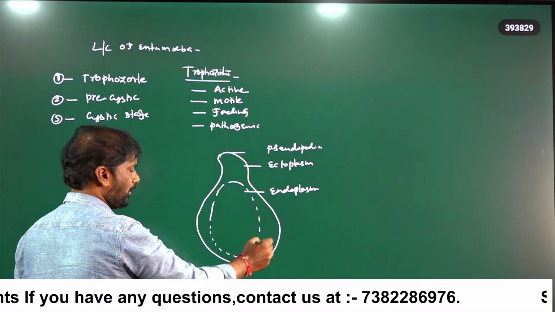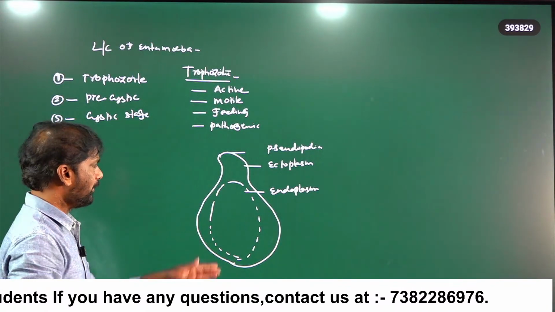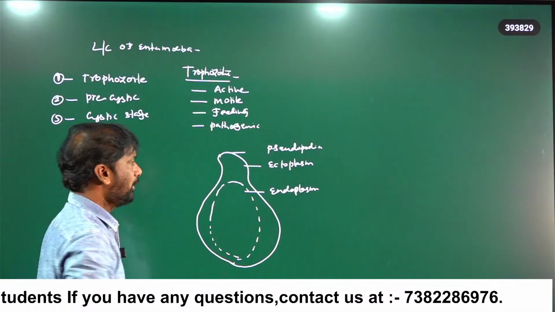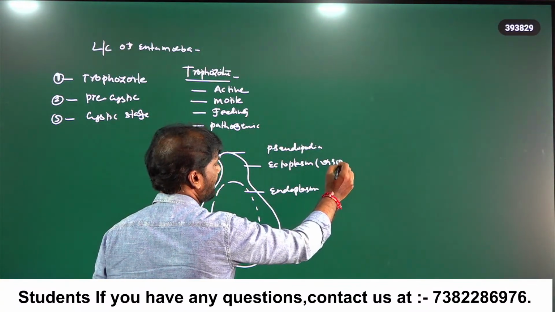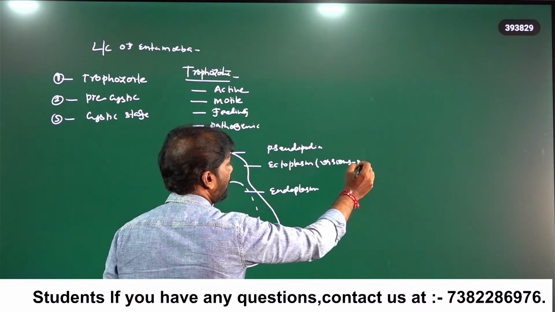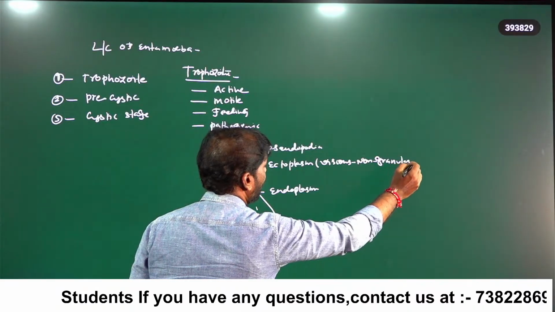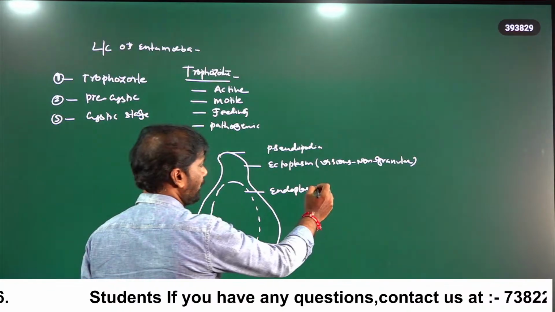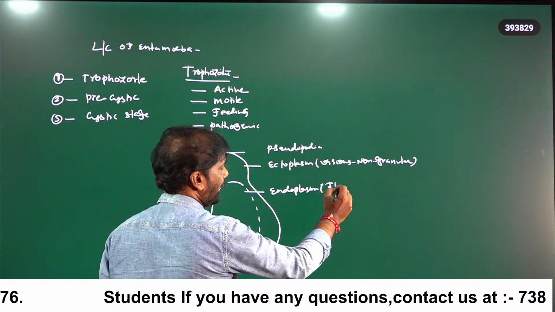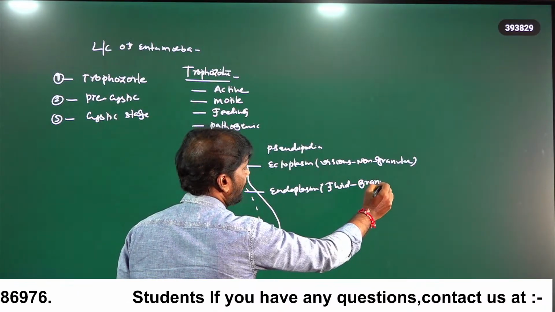The peripheral region of the cytoplasm is known as the ectoplasm, and the inner side is known as the endoplasm. The ectoplasm is jelly-like or viscous and non-granular in condition. The endoplasm is fluid-like and granular in condition.